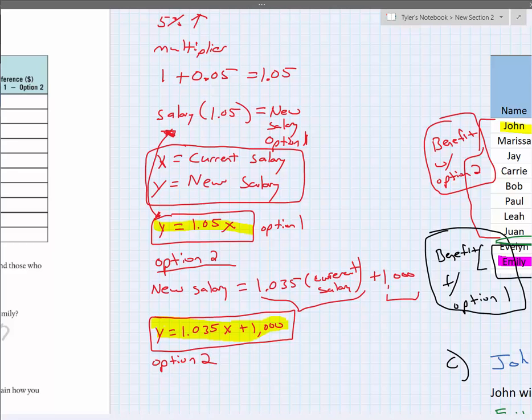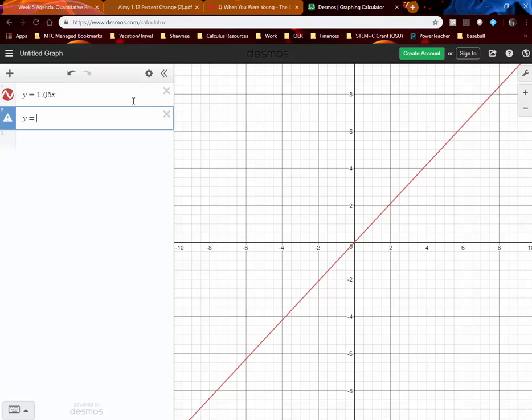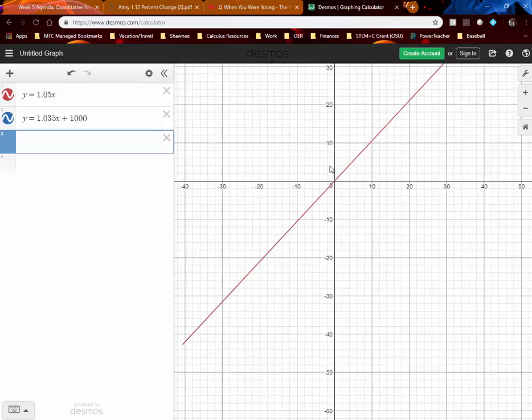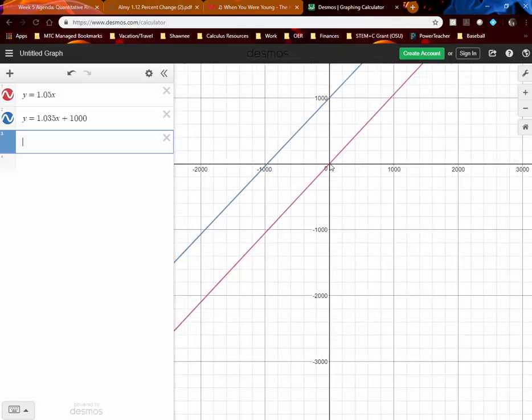That's what I'm going to plug into Desmos here. So we have y equals 1.05x and y equals 1.035x plus 1,000, and we get two graphs. Let me zoom out so we can see both here.